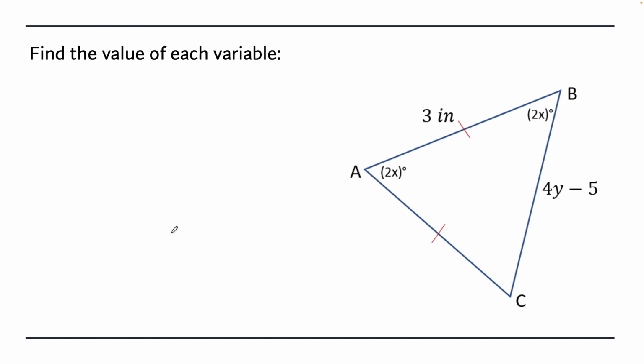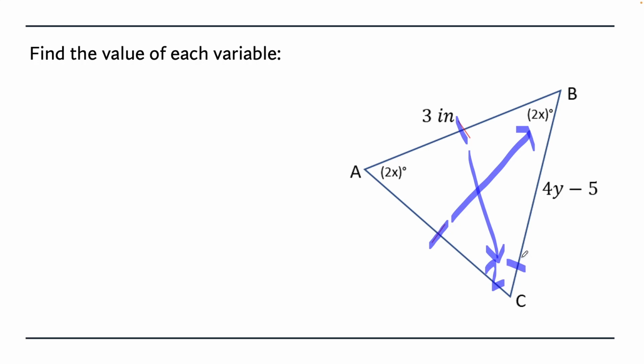It says find the value of each variable. Okay, this one's a little bit tricky because there's a lot going on, but what do we have here? We've got these two congruent sides which means the angles across from those sides are also congruent. So if this is 2x here, oh, this is also 2x.